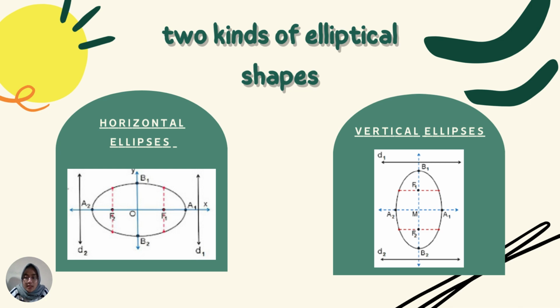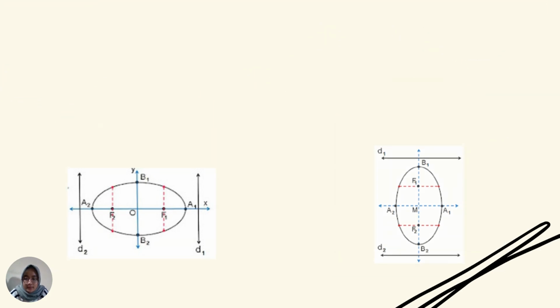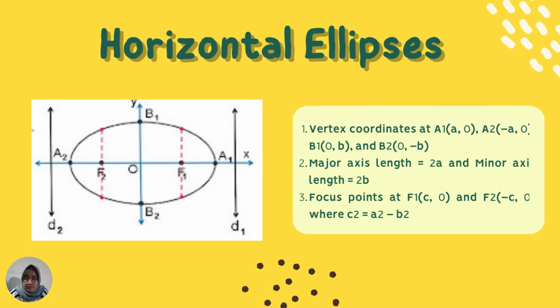Horizontal ellipses, as shown in the left image, are flat or horizontal, and vertical ellipses, as shown in the right image, are upright or vertical.